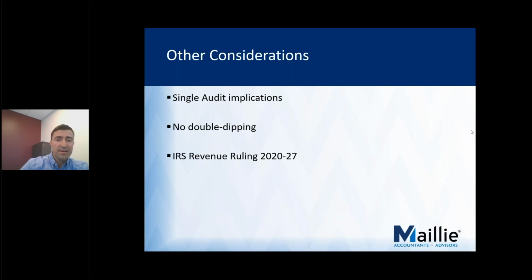And then finally here, I include mention of the most recent IRS revenue ruling 2020-27. This was just recently released. It's providing more guidance that reaffirms that expenditures covered under the PPP loan that are reasonably expected to be forgiven are not deductible for tax purposes.